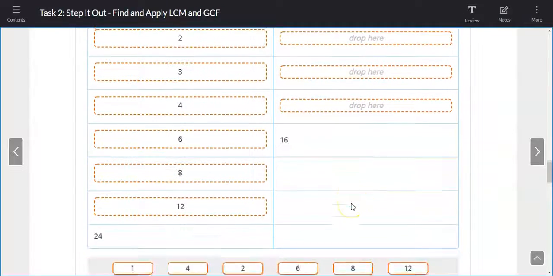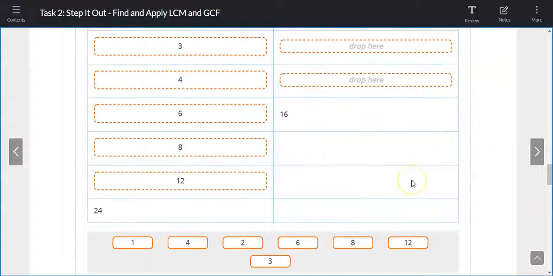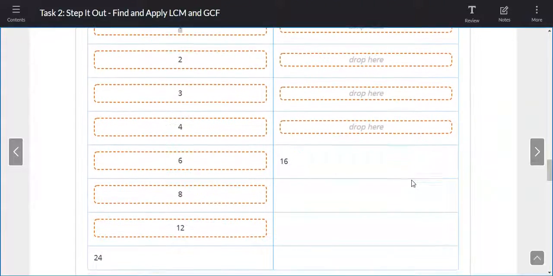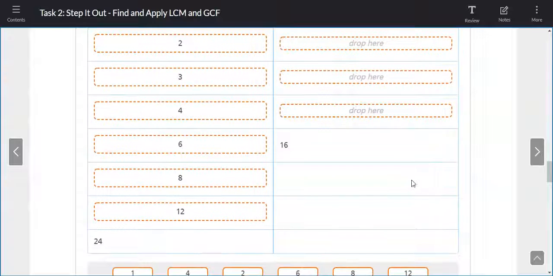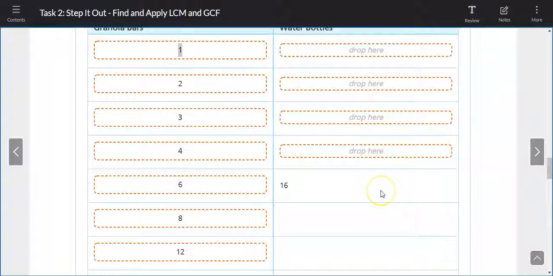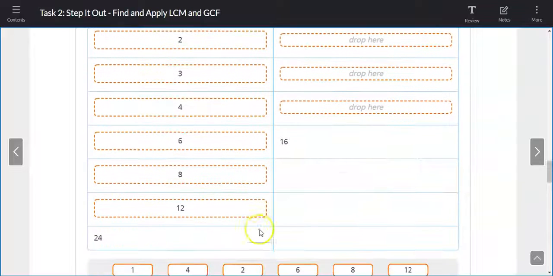For water bottles, to get the 16, I have 1 times 16. So I have 1 times 16 here. I'm going to see if I can figure out how to do it without them having a hard time getting up there.